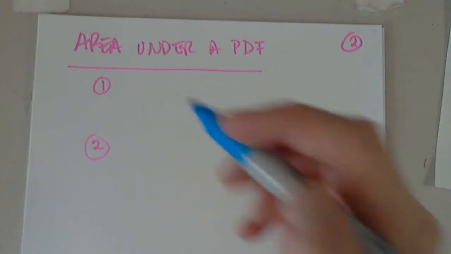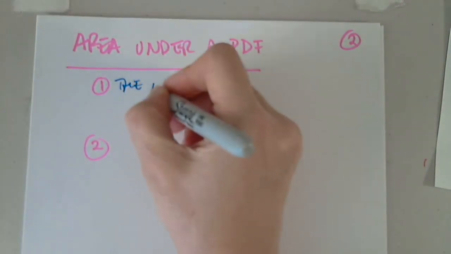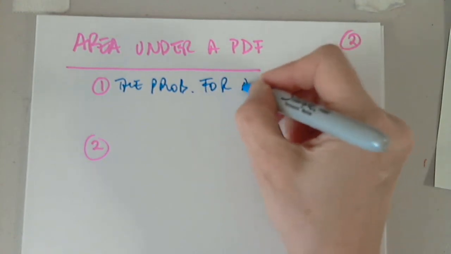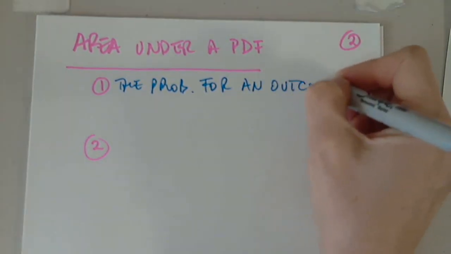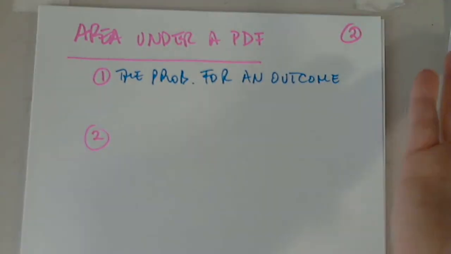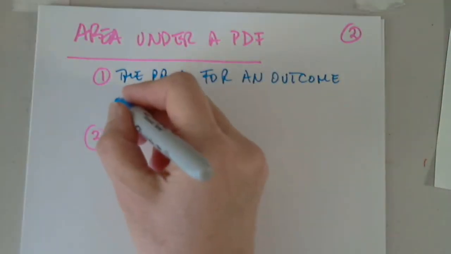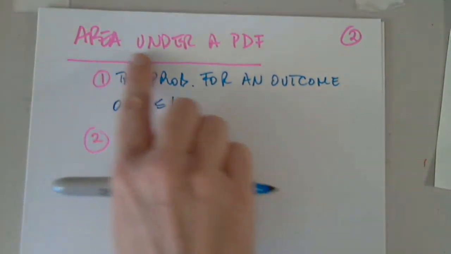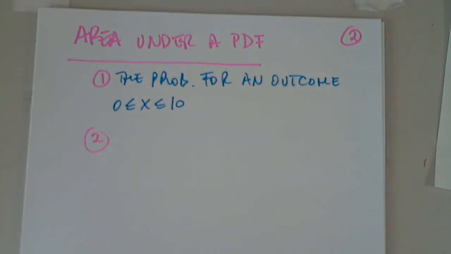So the probability for an outcome, in our example, let's say between 0 and 10, is given by the area under the PDF.